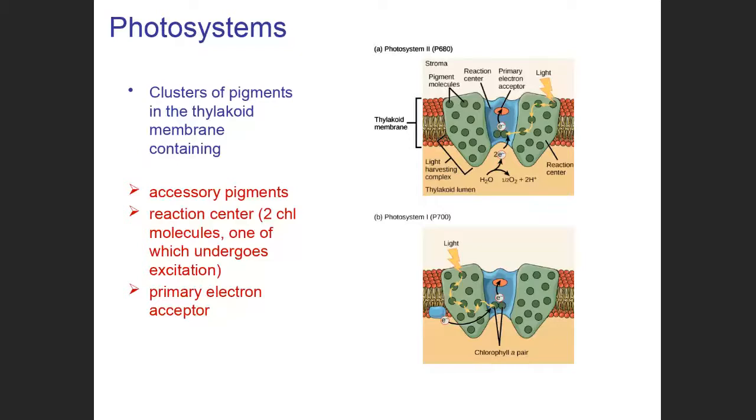They have what we call a reaction center, and they have a lot of accessory pigments. And this reaction center has this pair of chlorophyll A. See those two inside over here? Those are the pair of chlorophyll.